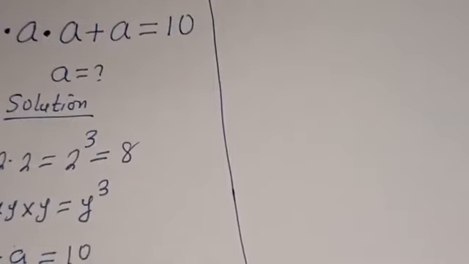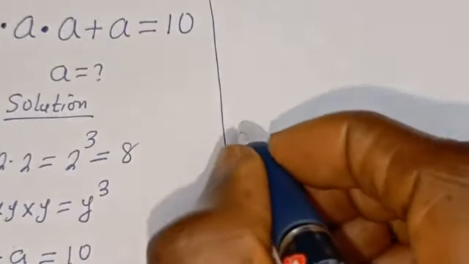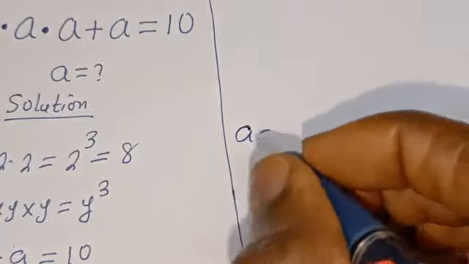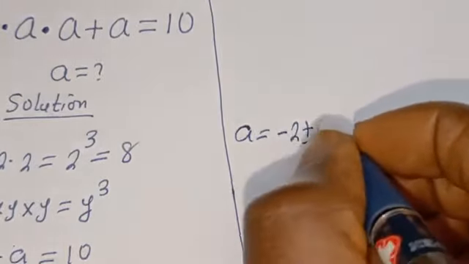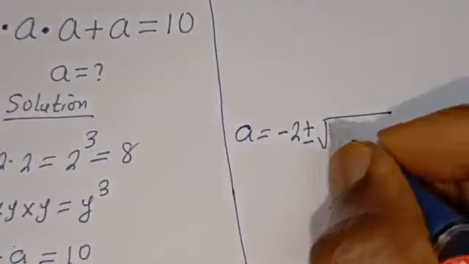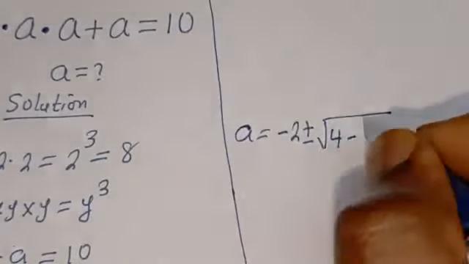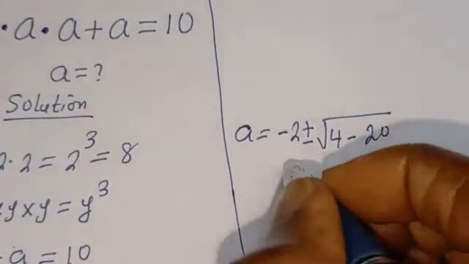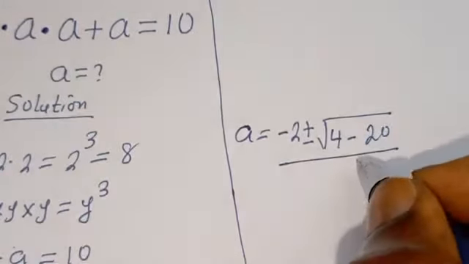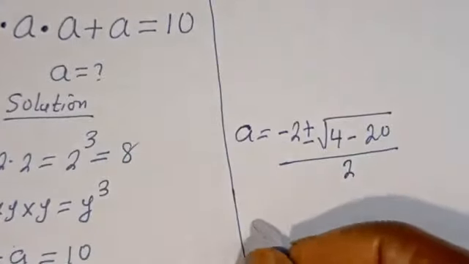Then a is equal to minus 2 plus or minus square root of 2 squared, that is 4, minus 4 multiplied by 1 multiplied by 5, that is 20, divided by 2 multiplied by 1, that is 2.